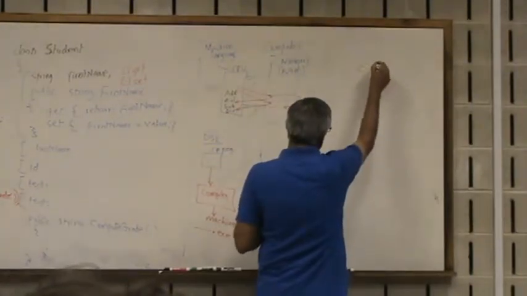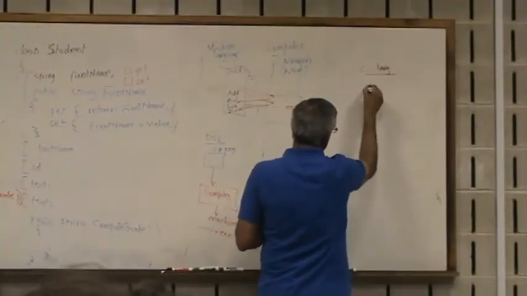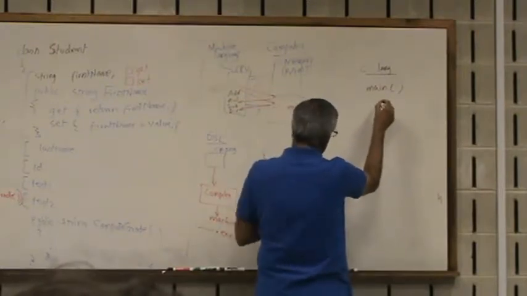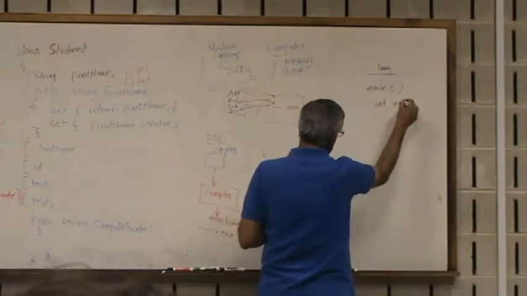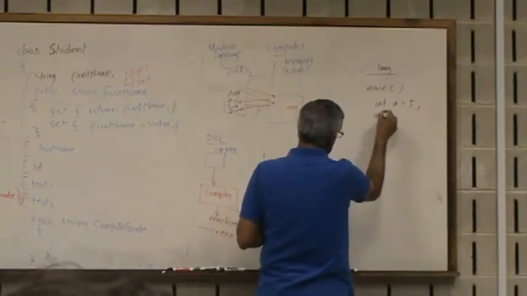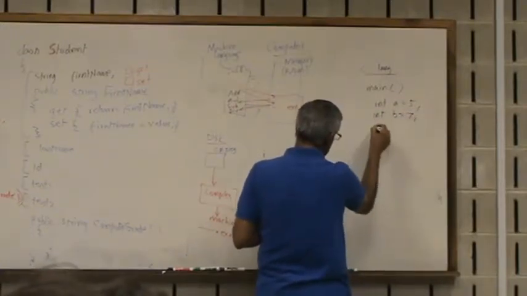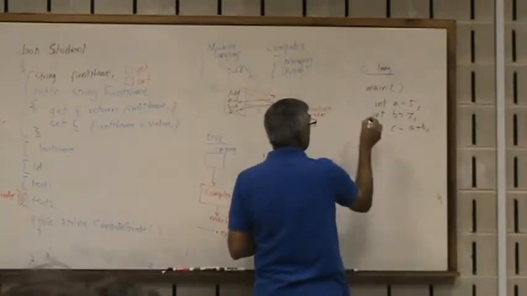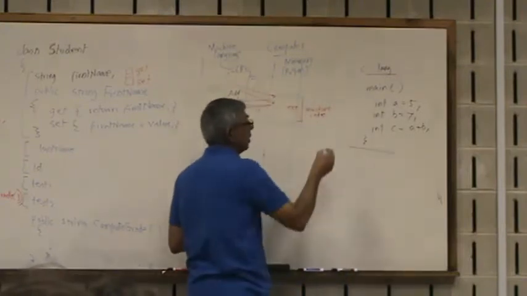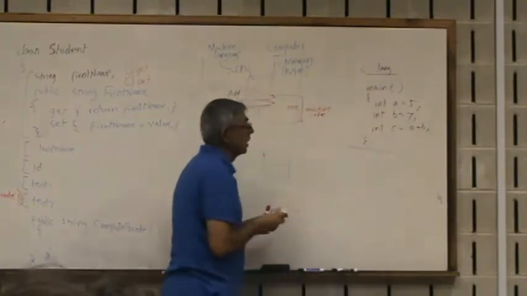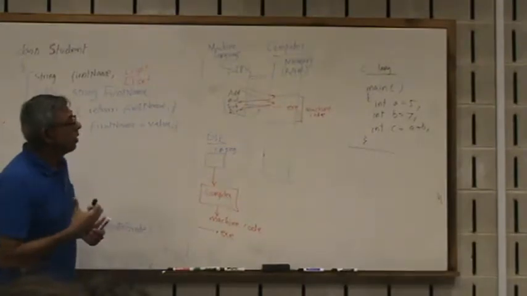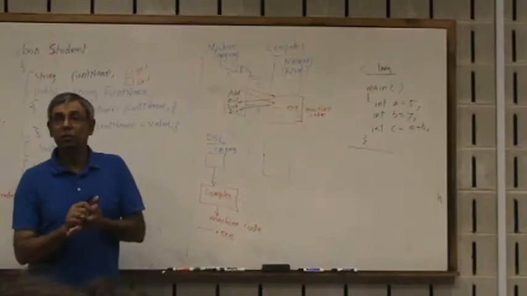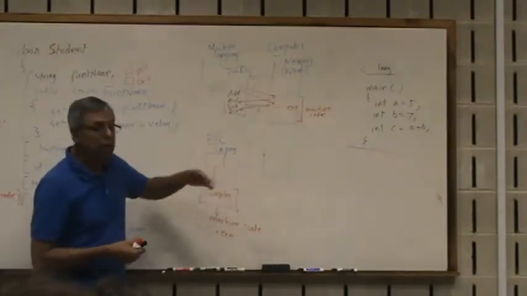Suppose in C you wrote some kind of a main where you said something like int a equal to 5, int b equal to 7, int c equal to a plus b. Let's take a look at this very, very simple program that you wrote in C language. Now, if we wanted to run it, can we simply load it into the memory of the computer? No, we have to first compile it, right?